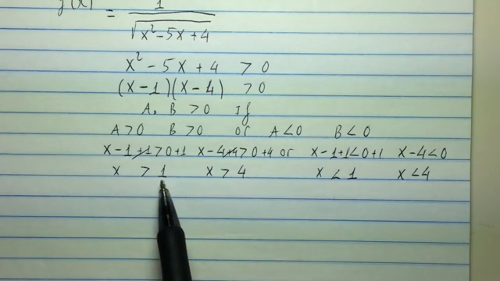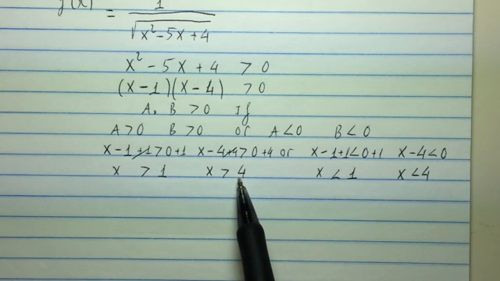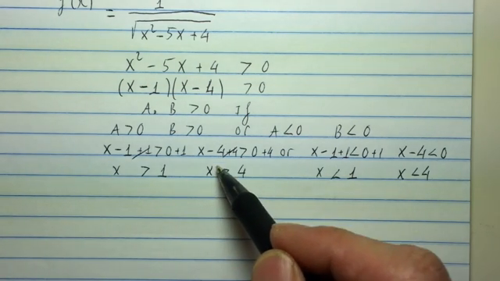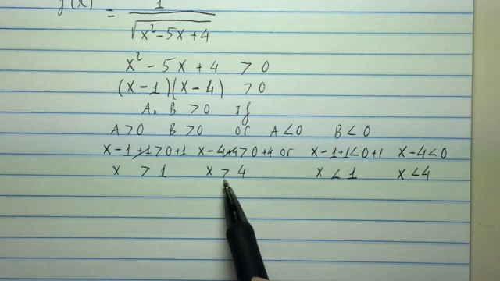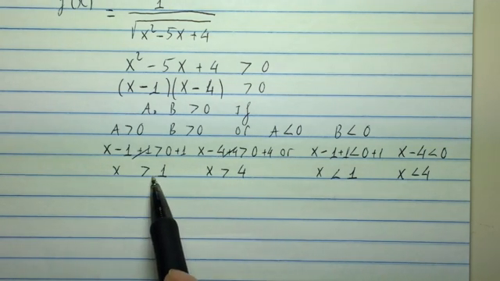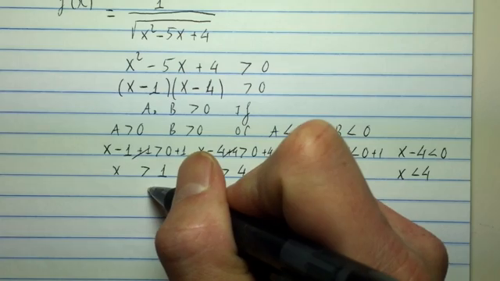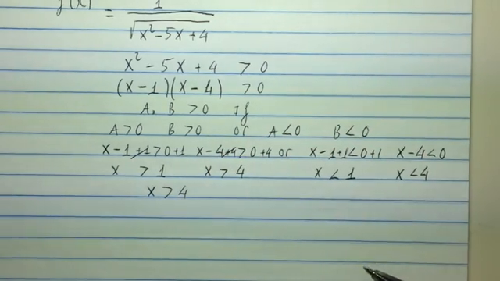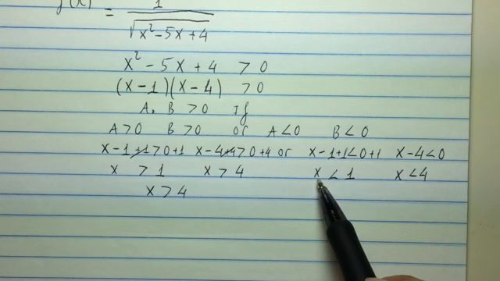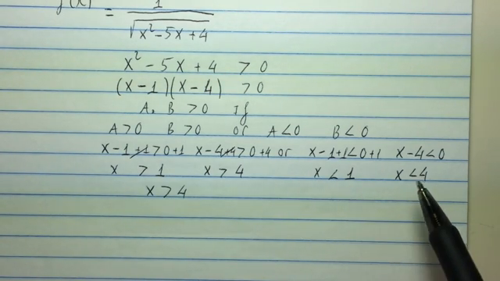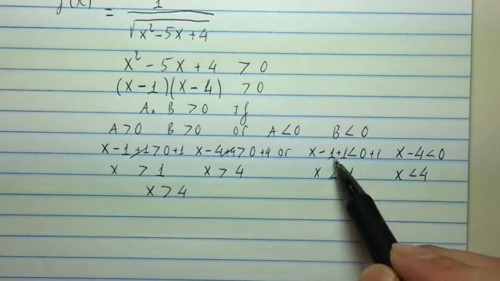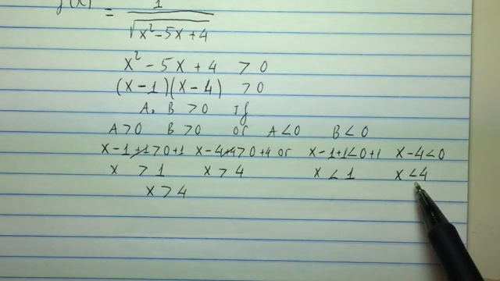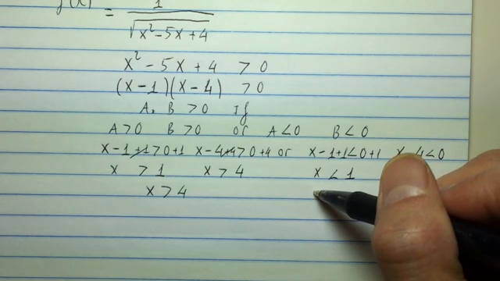For the first pair, x bigger than 1 and x bigger than 4, I choose x bigger than 4, because any value bigger than 4 will be bigger than 1. Same here, x less than 1 and x less than 4. I choose x less than 1, because any number less than 1 will be less than 4.